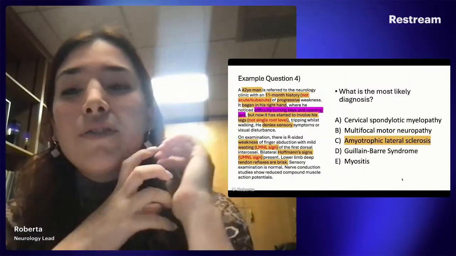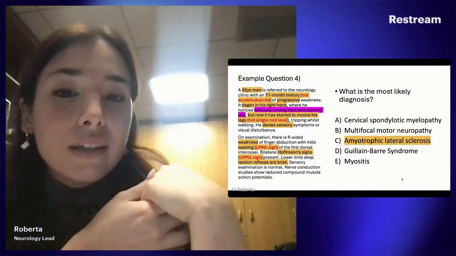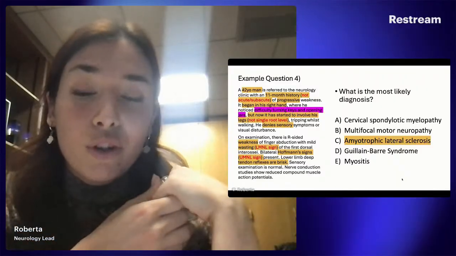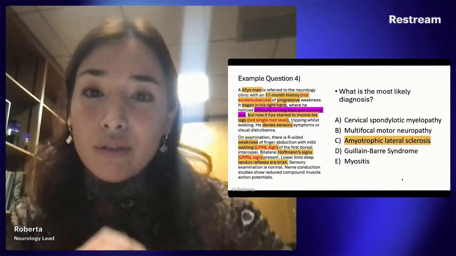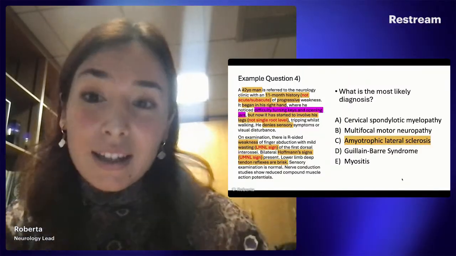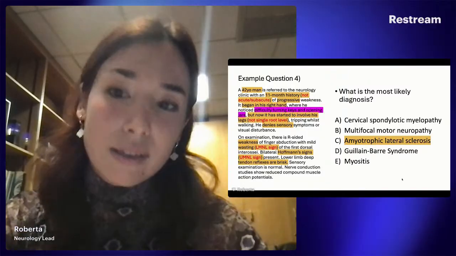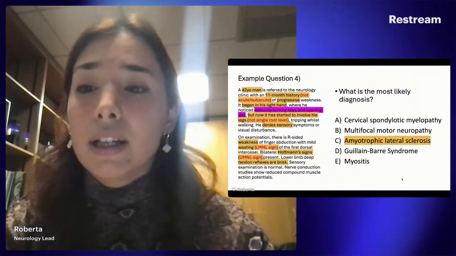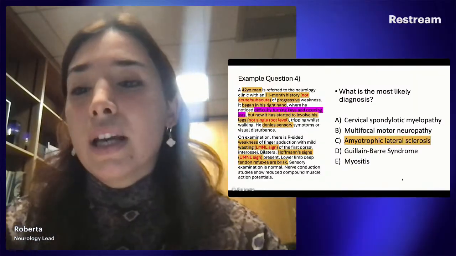The fact that it's difficulty turning keys and opening jars, I think is trying to make you think more along the lines of cervical myelopathy because of the loss of fine movements. But I wouldn't say it's a distractor, because it's still giving you an idea of the presentation of the symptoms.